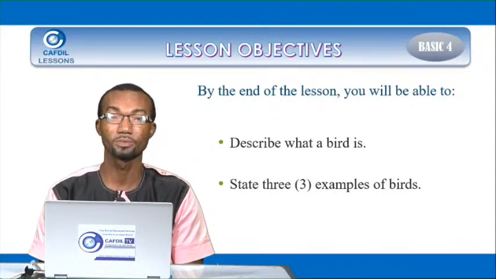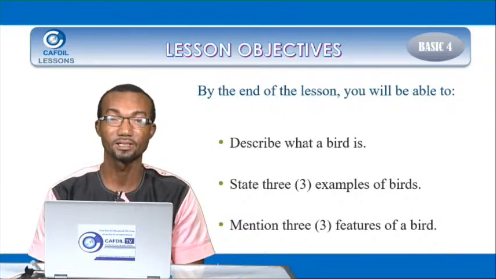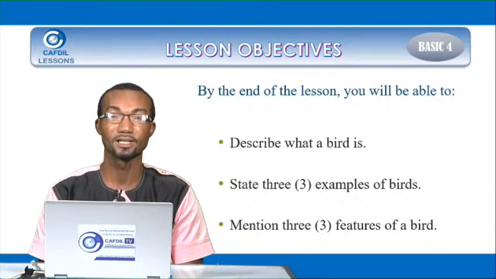State 3 examples of birds. And then 3. Mention 3 features of a bird. So by the end of this lesson, I expect that you'll be able to describe what a bird is, state 3 examples of birds, as well as features of a bird.